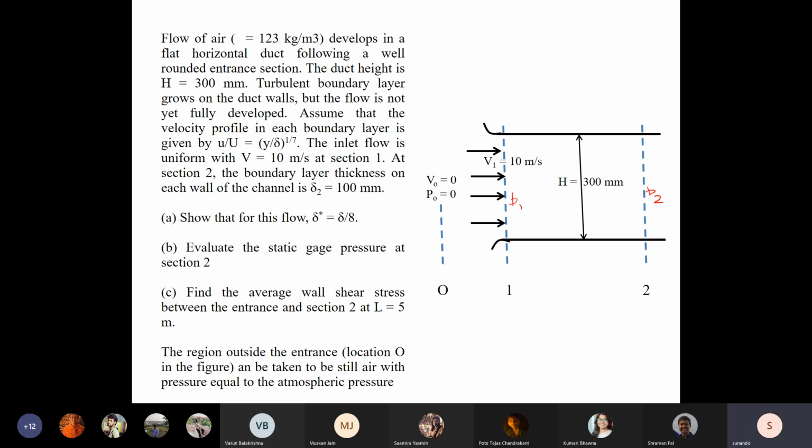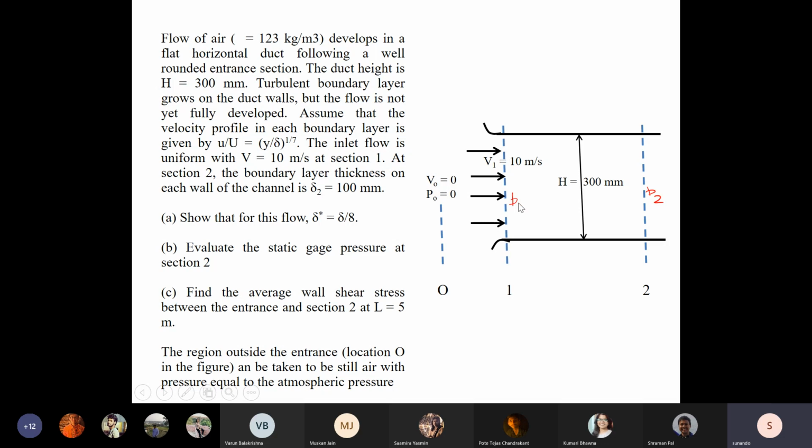Bernoulli's. Bernoulli. So simply it tells you that you have zero kinetic energy over here, so the kinetic head is 0, and over here you have some kinetic head. So this kinetic head must be supplied by a reduction in something else. Since it's a horizontal duct, that something else must be a reduction in the pressure head.